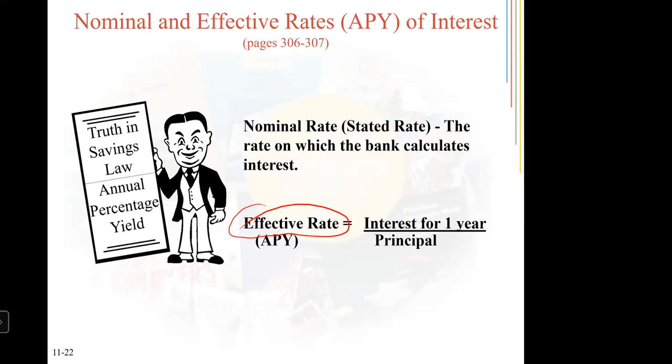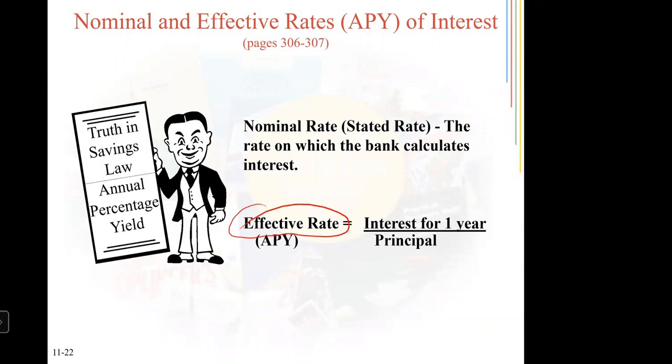Now, in the US, where our book is produced, the law requires that if the effective rate is different from the stated rate, it should be stated somewhere.